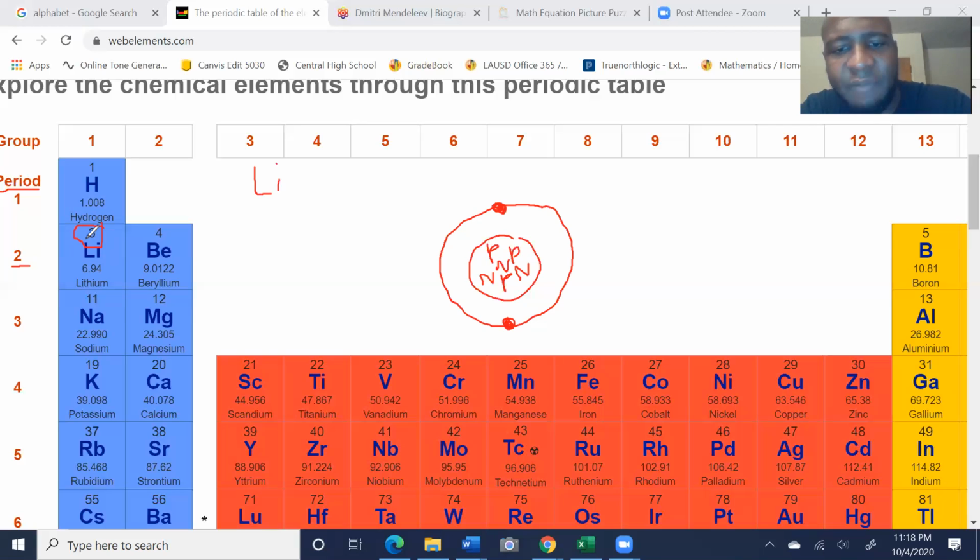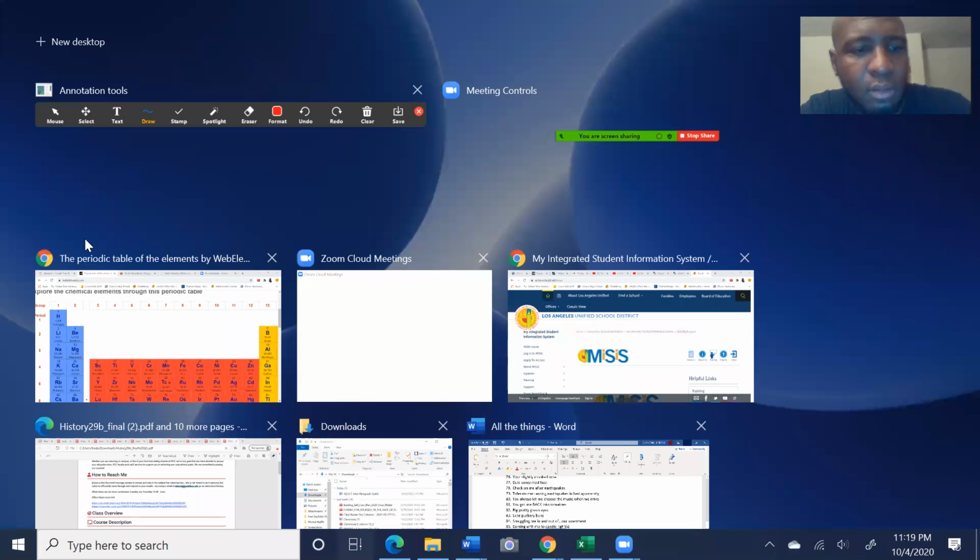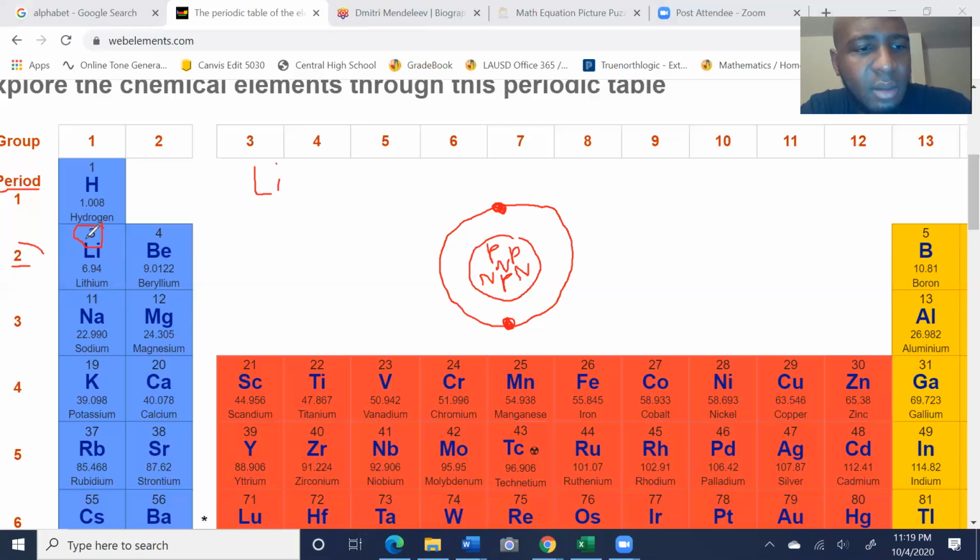I'm gonna have to add, and that makes sense because remember the period, did not mean to do that. The period tells me that I need to add a second energy level because I can only hold 2 on the first one. After this, every single ring can hold up to 8, but for that first one, it's only 2 electrons.